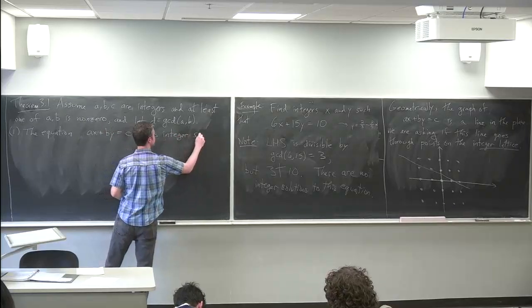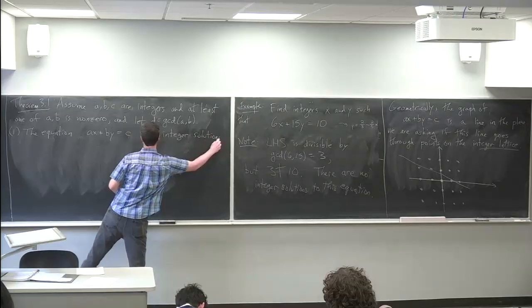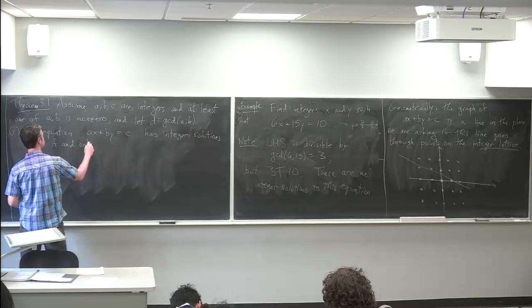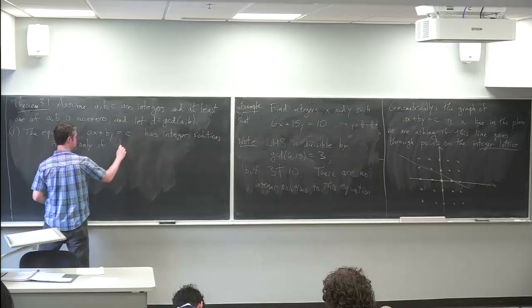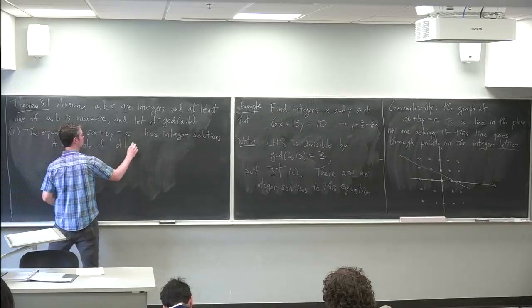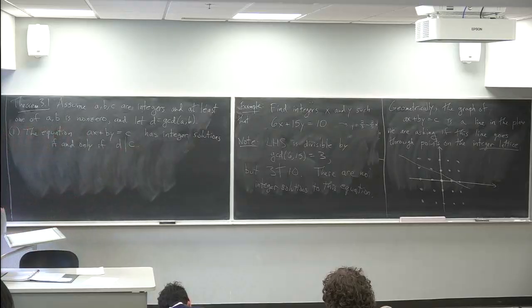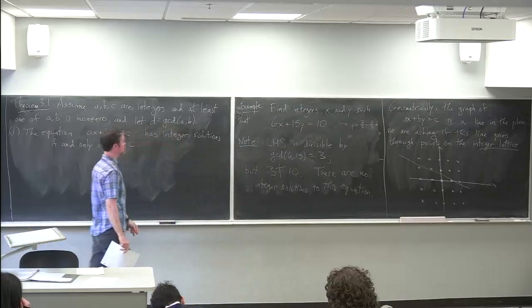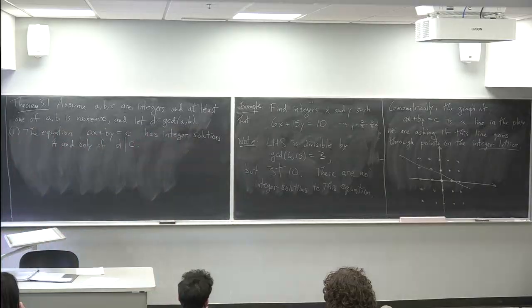It has integer solutions for x and y. This will happen if and only if this GCD is a divisor of the right-hand side. Okay, that's the thing we were seeing was not true in this example. And so that's led to having no solutions.